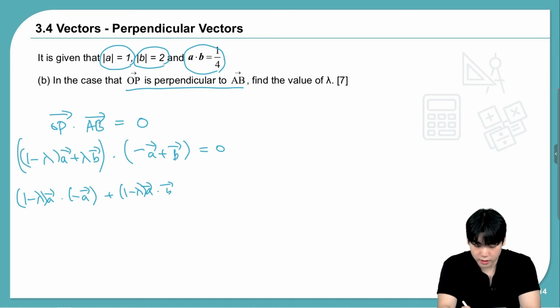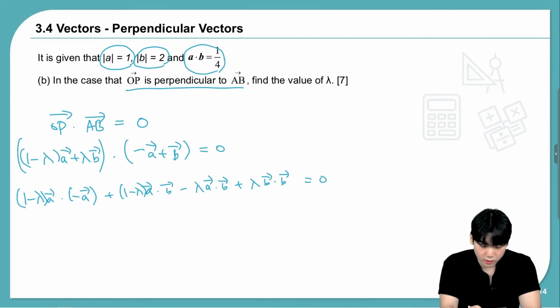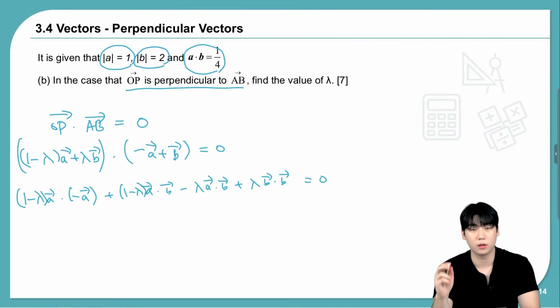That is very hassle. Dotted with B plus, minus lambda A dot B plus lambda B dot B is equal to 0. That is just simple expansion. And I have, since this whole thing, before we move on, I think we need to go through this.